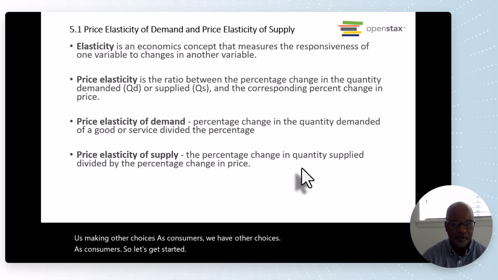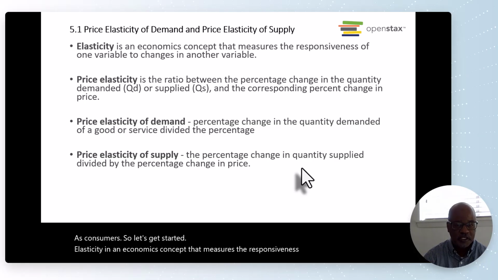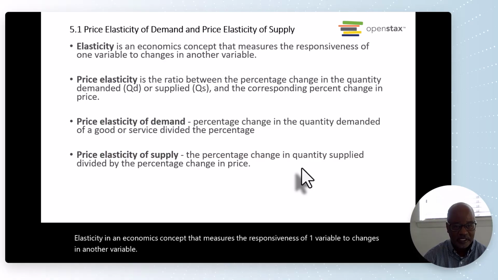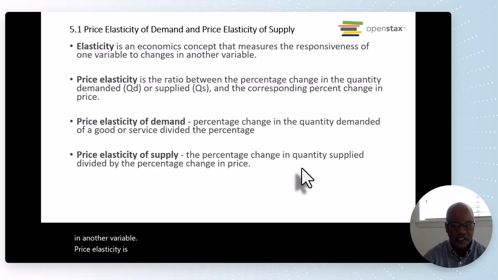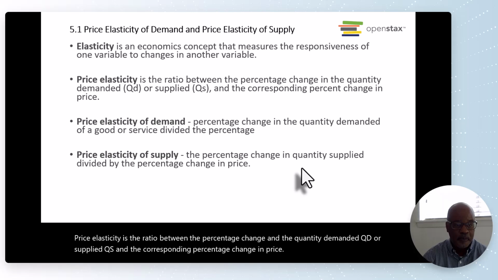Elasticity in economics is a concept that measures the responsiveness of one variable to changes in another. Price elasticity is the ratio between the percentage change in the quantity demanded, QD, or supply, QS, and the corresponding percentage change in price.